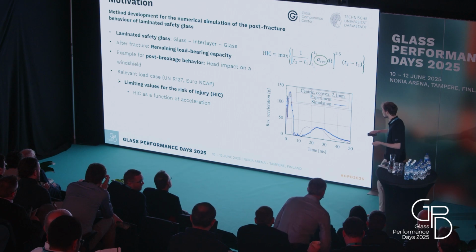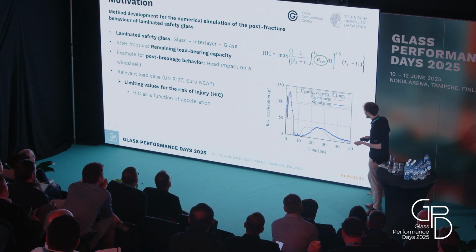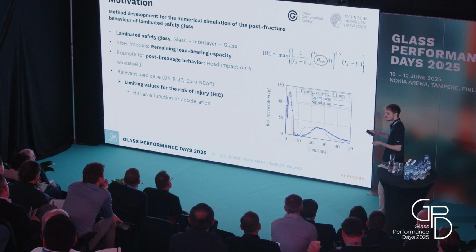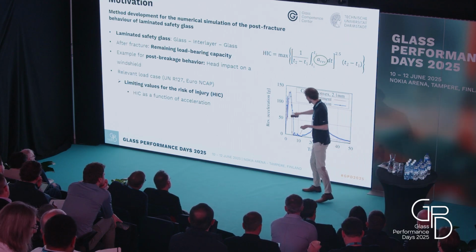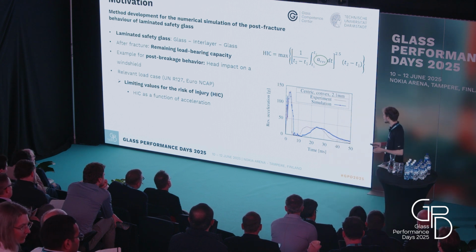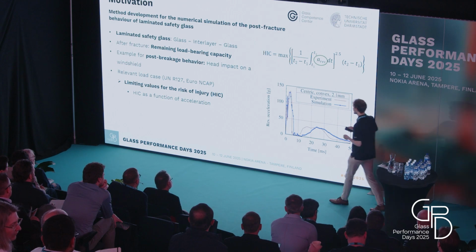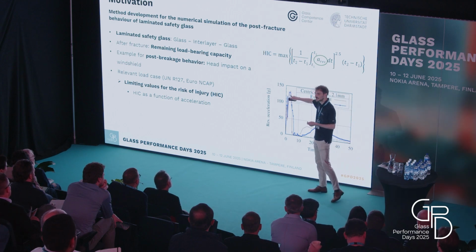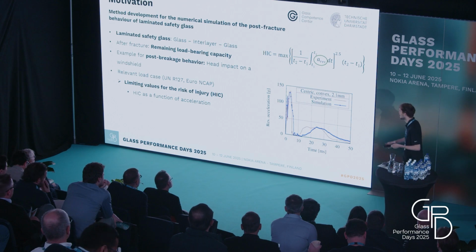Down here you can find an acceleration curve of the head impactor, and you can see that you can divide this into two parts. In the first part, this side here, the windscreen isn't broken, so you have only an elastic state. At somewhere around this point, the windscreen breaks, and everything after that is the post-breakage behavior.